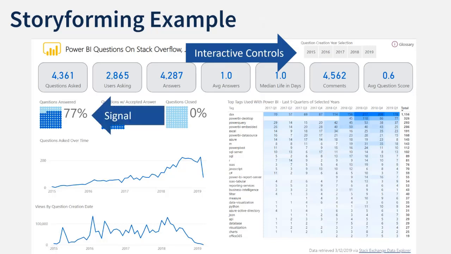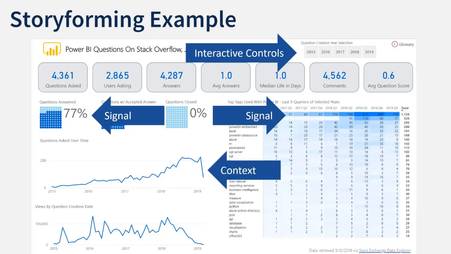I have the cards and the waffle charts and my table that's formatted as a sort of heat map. And those are my signals to tell you how things are going, what's going on. And then we have some line charts to provide additional information to understand more context. So if this data refreshes, we could add 2020 and 2021, and everything else about this would be okay because we're story forming.